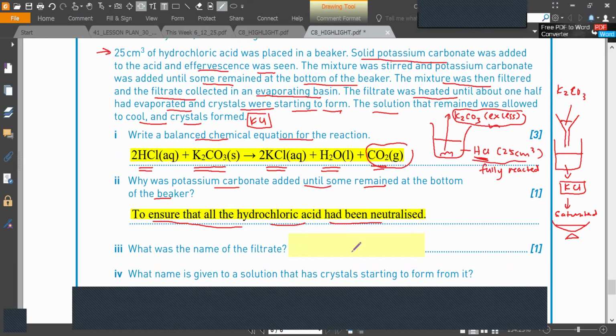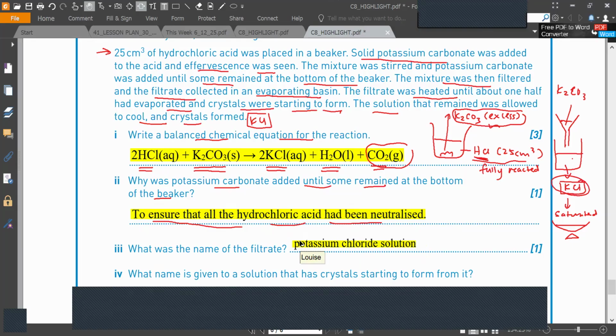Okay, next. What was the name of the filtrate? So what is in the filtrate? The filtrate is actually the potassium chloride. So it is a potassium chloride solution.